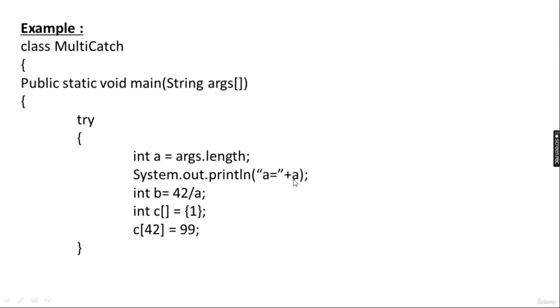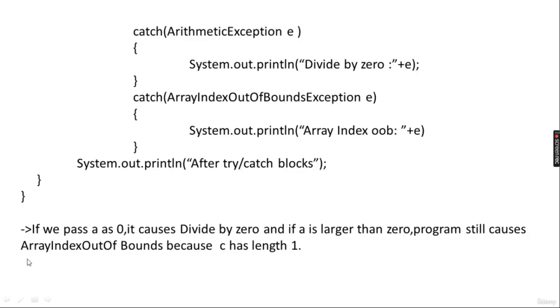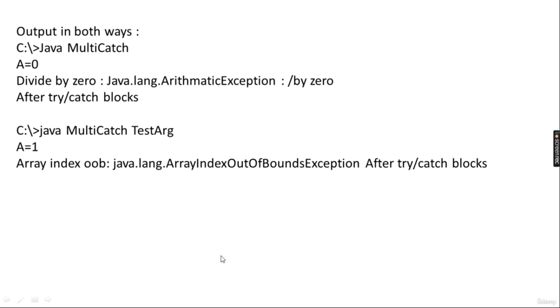But if I pass one or two arguments, this line will be executed, and this error will be caught: array index out of bounds exception. If we pass zero arguments, it causes divide by 0, and if there is more than 0, the program still causes array index out of bounds because c has length 1. Output in both ways: a is equal to 0 divide by 0, and a is equal to 1 array index out of bounds exception.